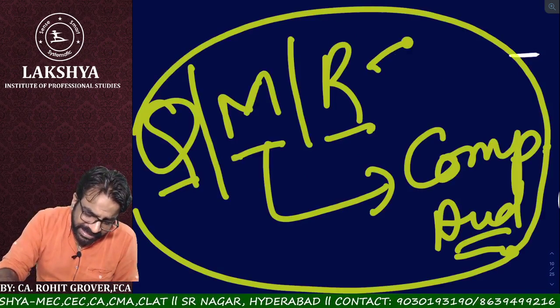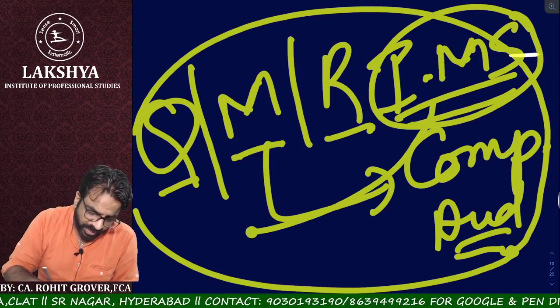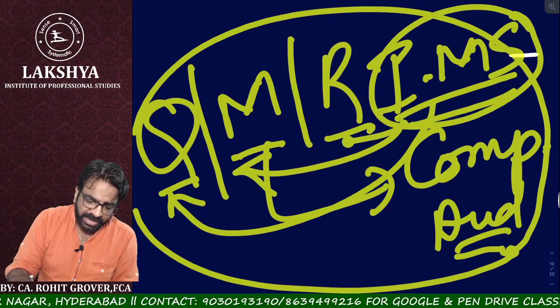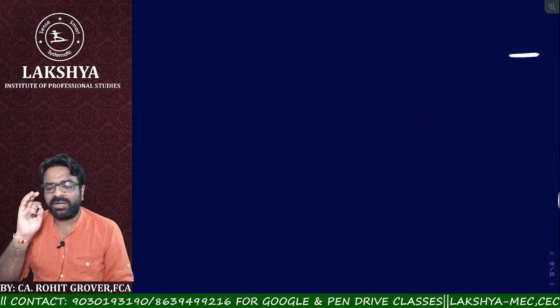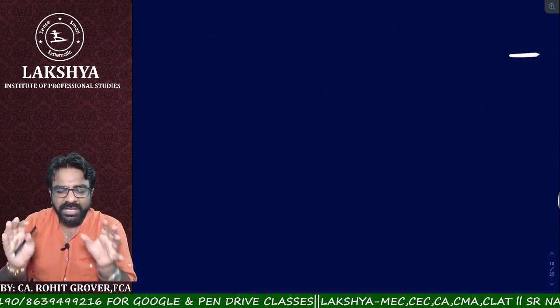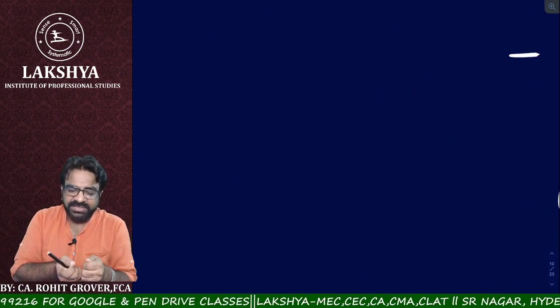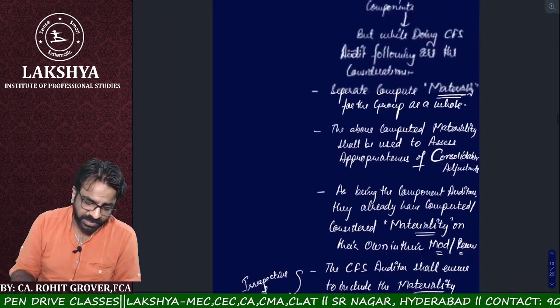Even though it is an immaterial subsidiary, wherever the qualification, modification and reservation has been kept by the component auditor, the consolidated financial statement auditor should not ignore it. He has to include it as it is in his consolidated financial statement auditor's report. That is what I am trying to tell you.